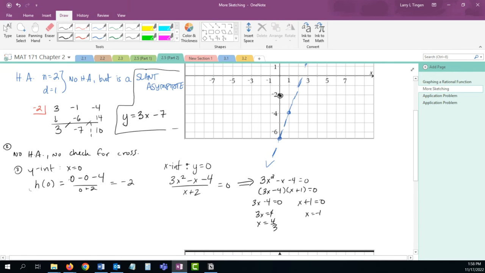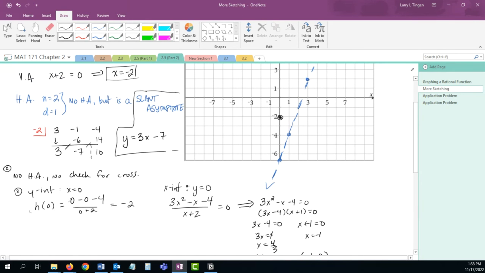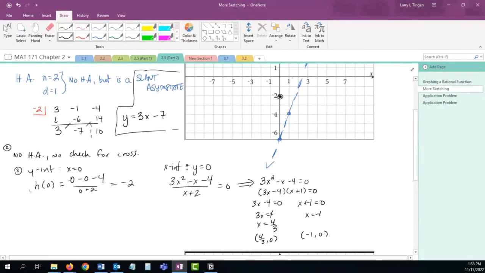X is -1. So that means I've got x-intercepts at 4/3, 0, and -1, 0. 4/3, 0 is right here. 4/3, 0, and -1, 0.